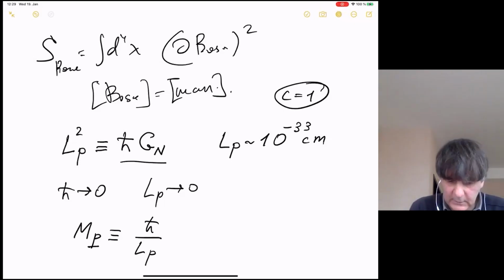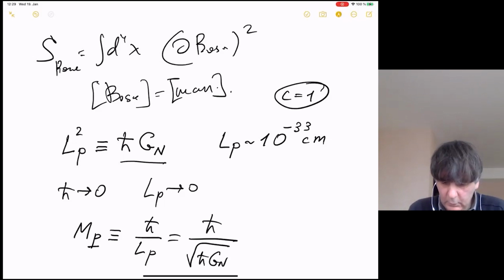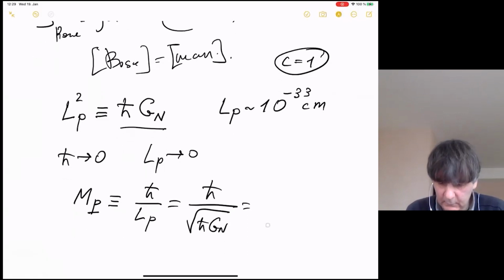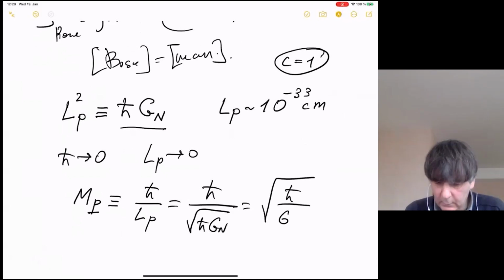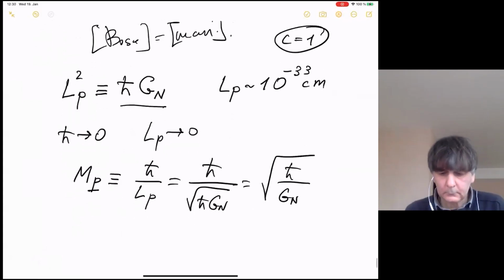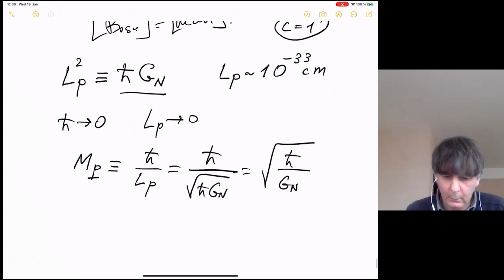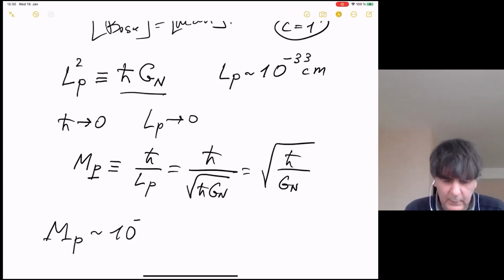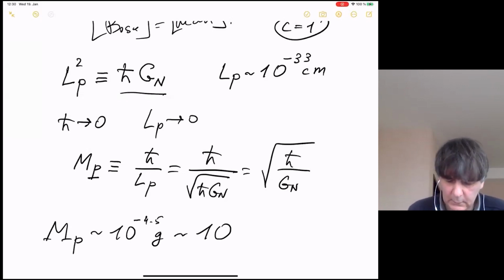Or if we take the expression that the Planck length is the square root of h bar g Newton, we get that the Planck mass is the square root of h bar divided by g Newton. Approximately, the Planck mass is 10 to the minus 5 grams, something like that. Or in particle physics units, this is 10 to the 19 GeV.